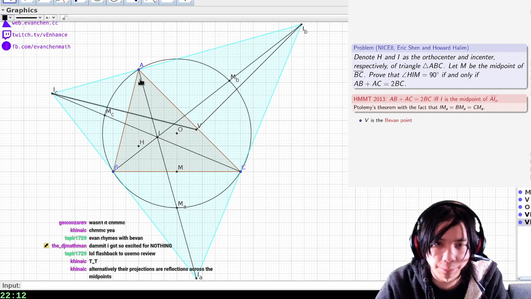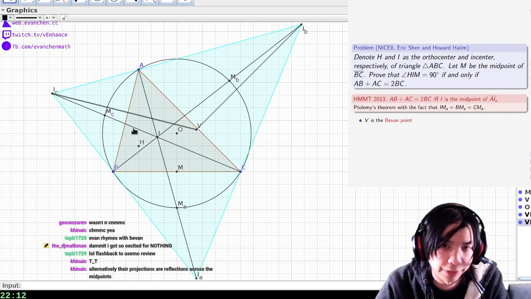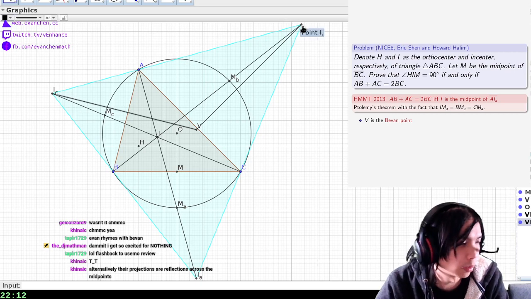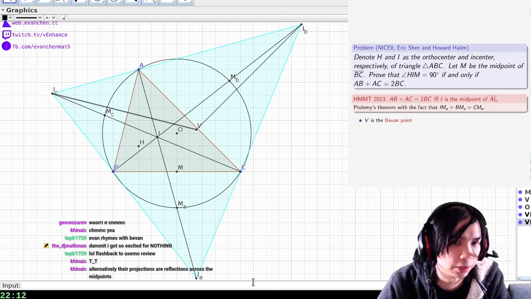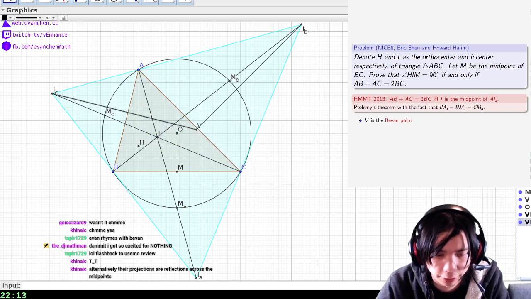This is perpendicular because this is an altitude, and these are cyclic: I_A, B, A, I_B are cyclic in the circle with diameter I_A I_B. So because this is perpendicular, these two are anti-parallel, so this is also perpendicular.